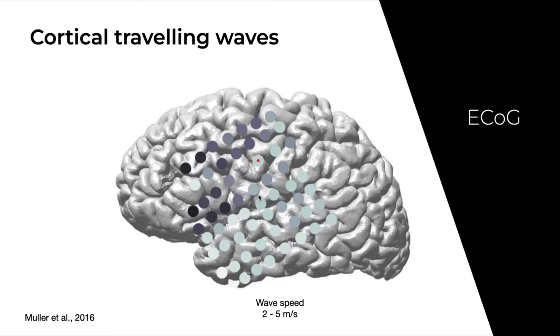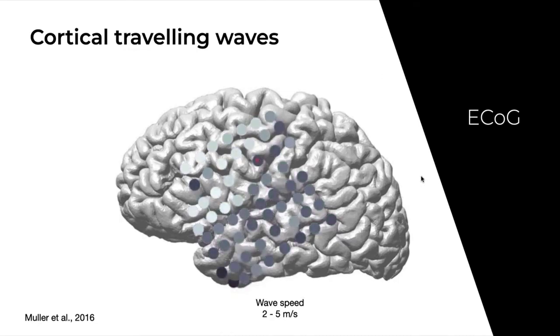And to do so, doctors usually implant an ECoG array, which are the circles that you see projected on top of this brain. They implant such an ECoG array underneath the skull and on top of the cortex. So this has a very good signal-to-noise ratio. And the purpose of this implant is to detect over multiple days where the epileptic seizure originates from, such that once the tissue is located, it can be resected.